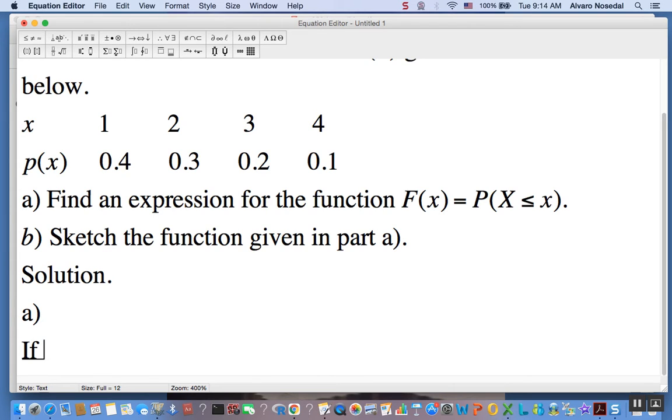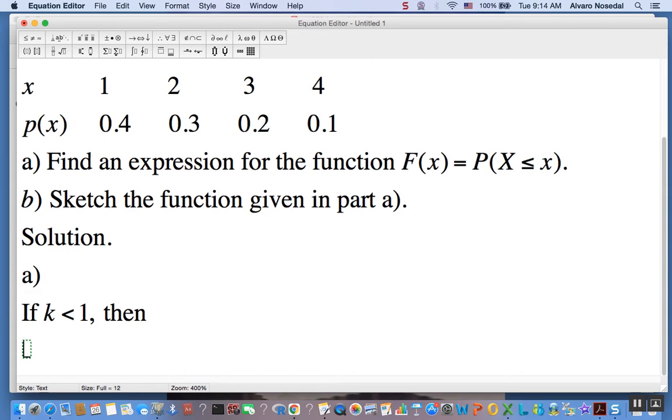Let me use a different letter, if you will, to avoid confusions. If k is less than 1, then we want to find F evaluated at k, and we defined that as the probability that the random variable is less than or equal to k. That's just by definition.